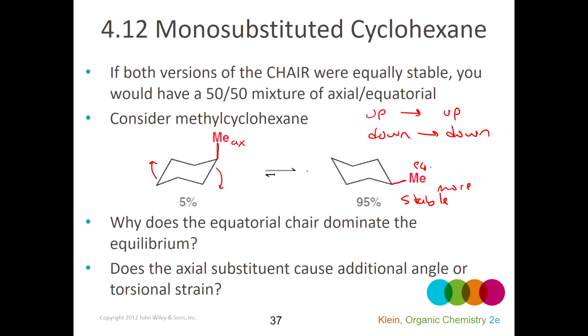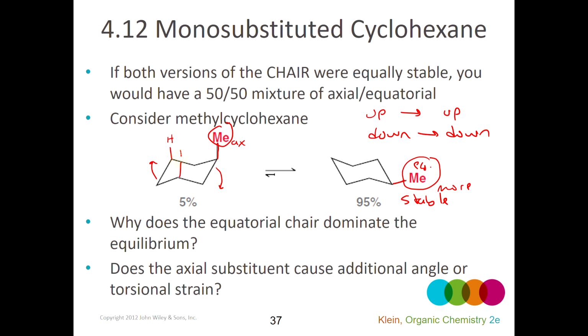Why is this one more stable? Why is an equatorial position more stable for a group than an axial position, with very few exceptions? Well, there's got to be some type of repulsion that this is creating. And we can see that if we look at the other axial groups that are pointing straight up.